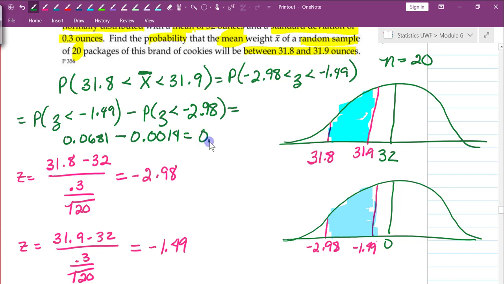So what is the probability that I'm going to randomly select 20 packages of cookies and have the average weight of those 20 packages be between 31.8 ounces and 31.9 ounces? The probability of that happening is 0.0667, or 6.67% of the time. Not very likely, it's not going to happen very often.